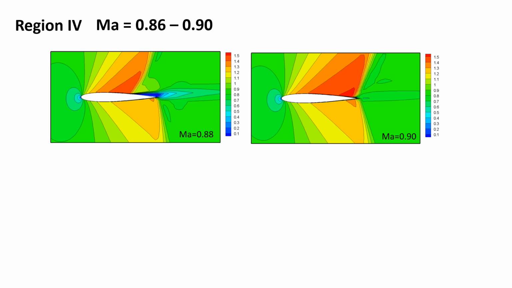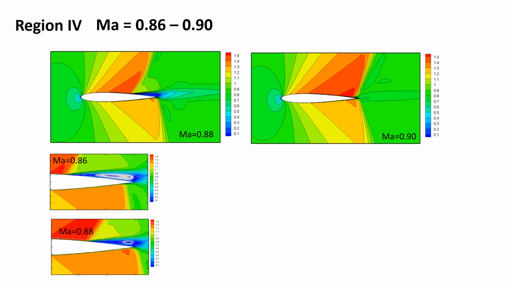At 0.88 there is a low speed separation region after the shock wave, but since the shock wave moves towards the trailing edge, the separation will be removed. There won't be any separation at the trailing edge. This is a benefit for the drag, so the drag will still increase, but with less gradient.